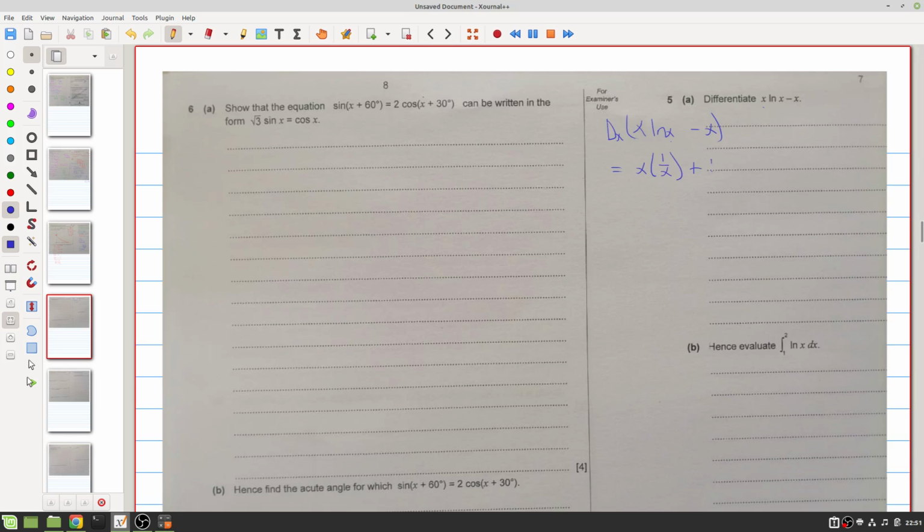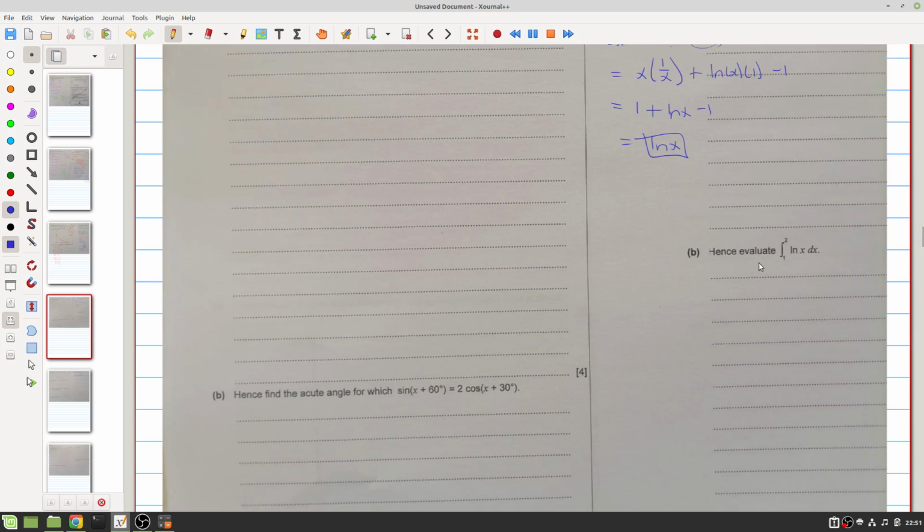Plus, now we keep the second one and differentiate the first one. So differentiating x, we get 1. And then we've also got the minus x at the end, so if we differentiate minus x, we get minus 1. Okay, let's simplify this. x times 1 over x, the x's cancel, we've got 1. And then plus ln x times 1 is ln x, and then minus 1. And then 1 minus 1 cancels out, so we just have ln x. All right. So this is equal to ln x if we differentiate that.